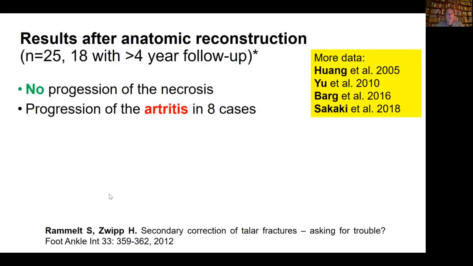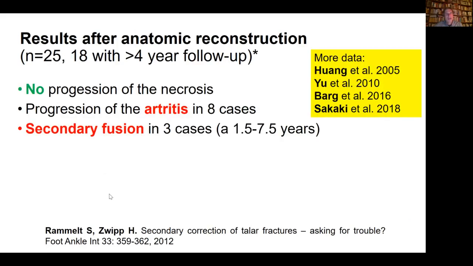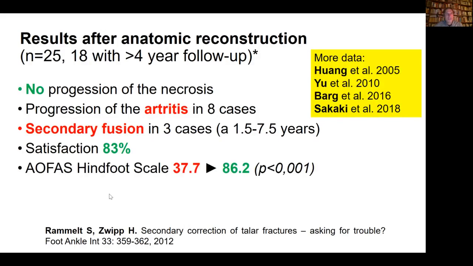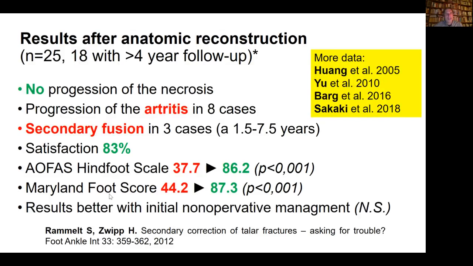That's very important. We saw progression of the arthritis in 8 cases, so roughly 1/3 of the cases, which probably you can also see in a talus fracture, which is nicely aligned from the beginning. Secondary fusion needed to be done so far in 3 cases. Satisfaction was high, the function was much improved, which is also due to the severe loss of function after malunited talar fracture.